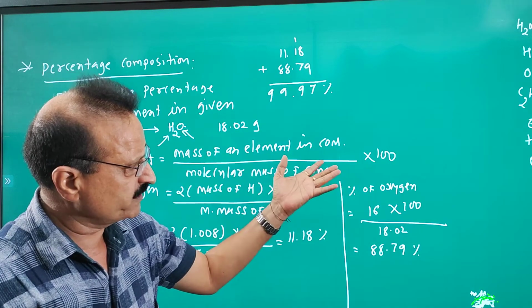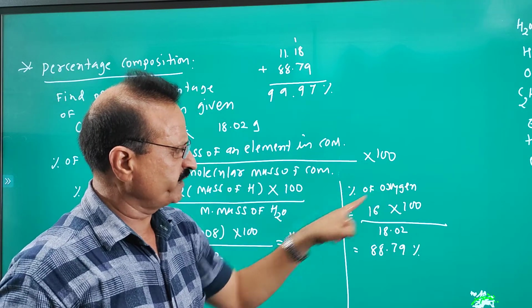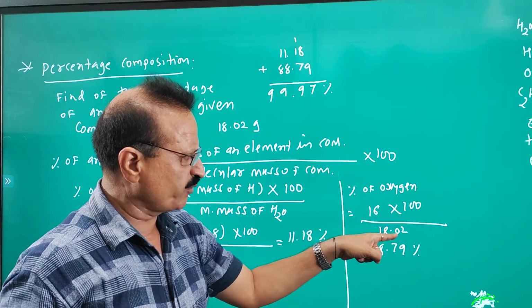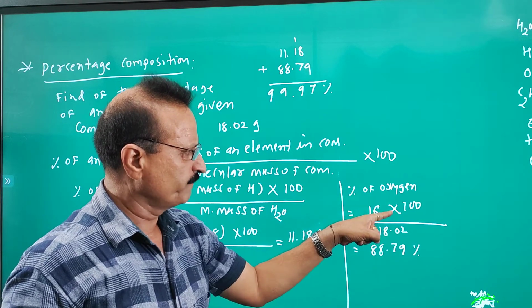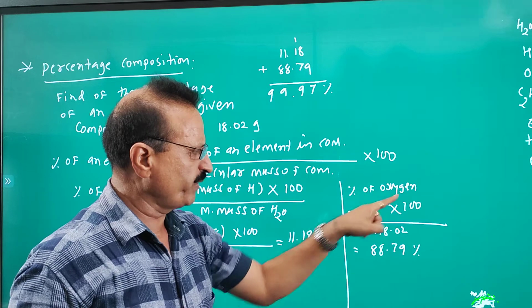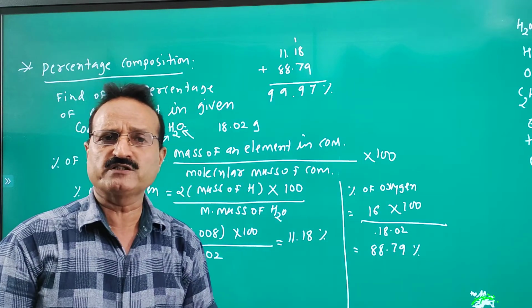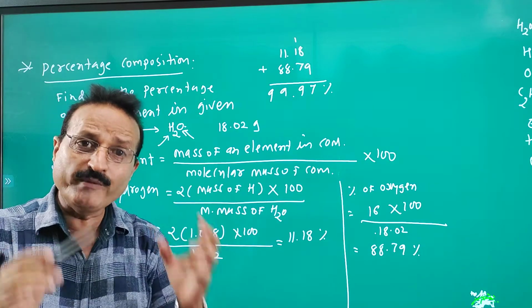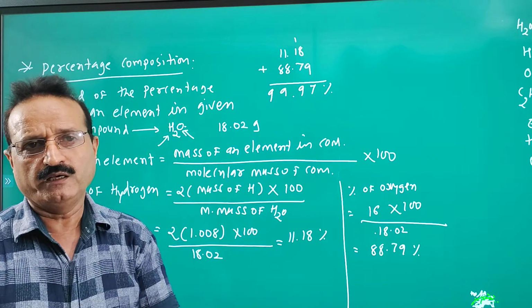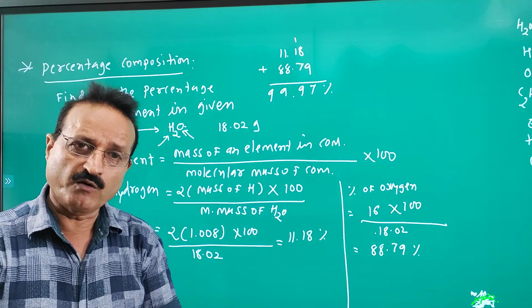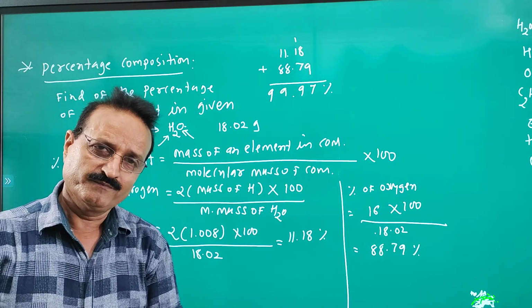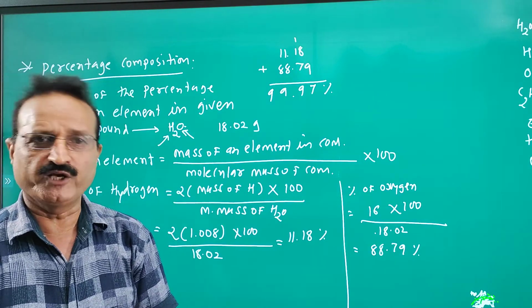The same formula is used for oxygen: percentage of oxygen equals the mass of oxygen into 100 upon the molecular mass of H2O. So the mass of oxygen is 16 into 100, and the molecular mass of H2O is 18.02. Simplifying, you get 88.79. When you sum these two percentages, the answer must be near 100. You will not get a perfect 100% because the values used are decimals with small variations.